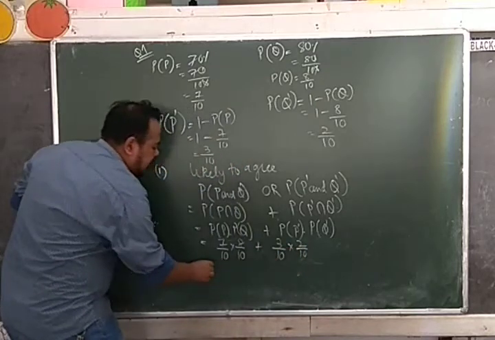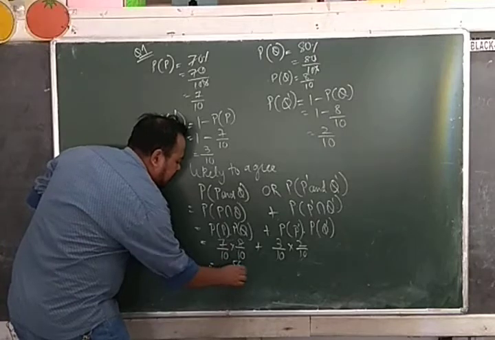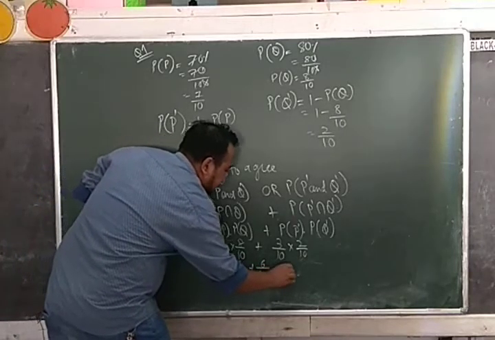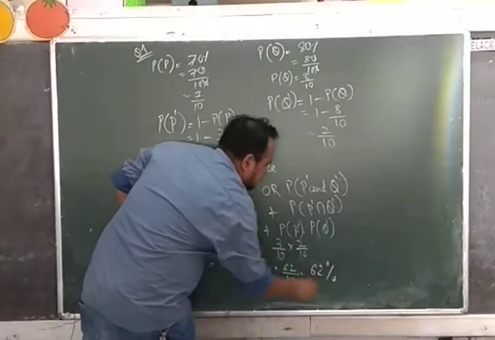As you can see, I did not cancel. That was for a reason. 7 8s are 56 divided by 100 plus 6 divided by 100. So you get 62 divided by 100. Converted into percentage, it's 62%.